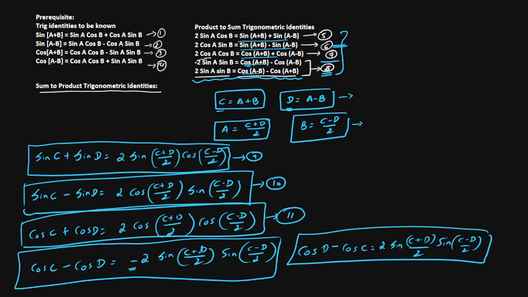This is also another way of looking at the same identity, so let's call both of these identity number 12.